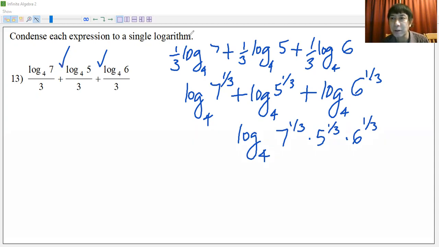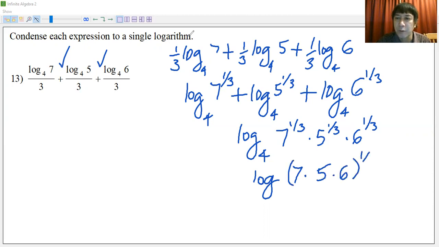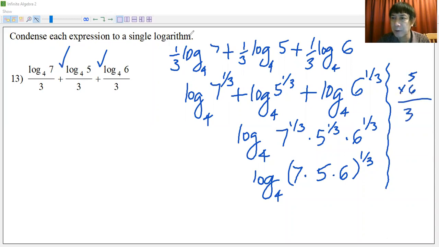So this is now one single logarithm. And these are all exponent to the 1/3. So we can just write it one exponent 1/3. So we have here logarithm 7 times 5 times 6, and these are all raised to the 1/3. Okay, and base 4. How about the product of 7 times 5 times 6? 5 times 6, that's a 30.